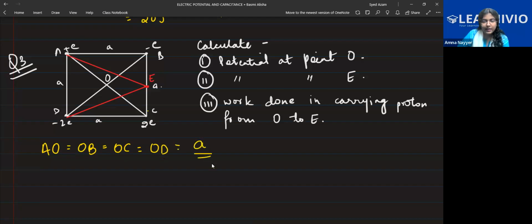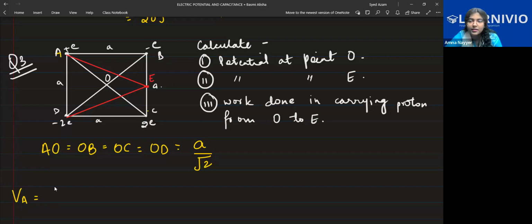A by root 2. Okay, this diagonal part is A root 2, so half of it will become A by root 2. Now, tell me what will be the potential due to A at point O. Potential is a scalar quantity. I'm just asking the magnitude.